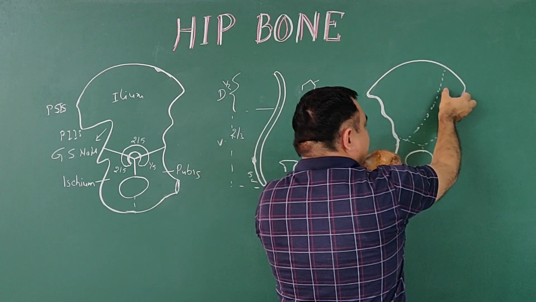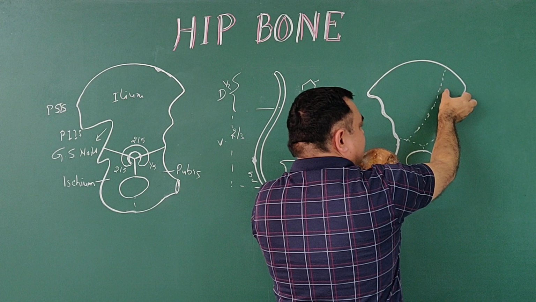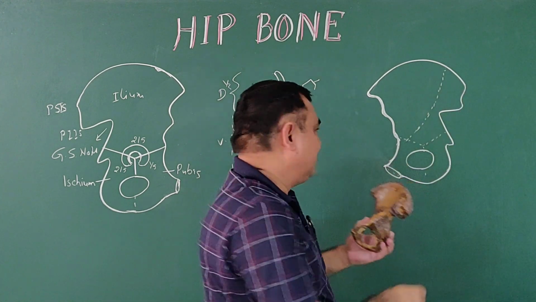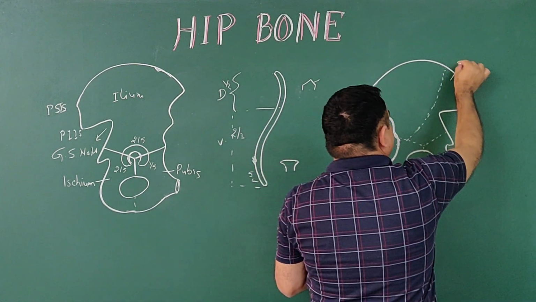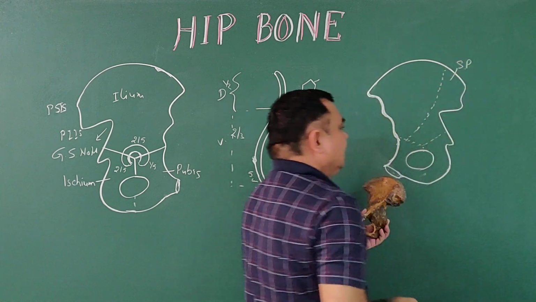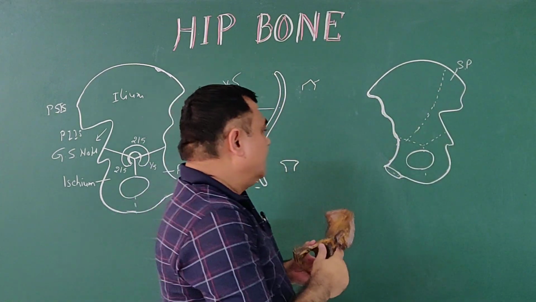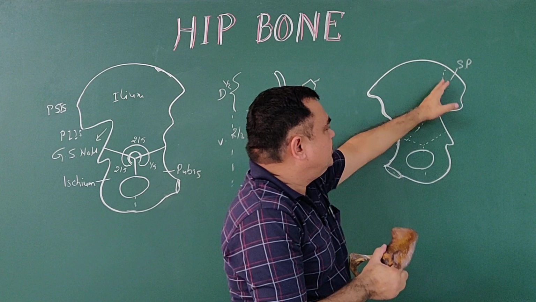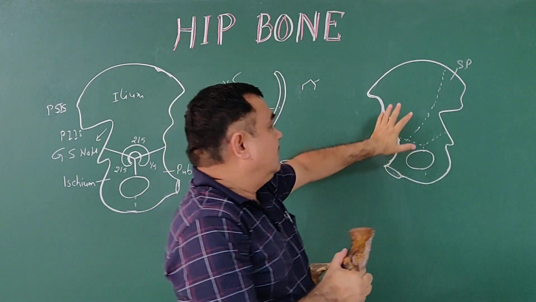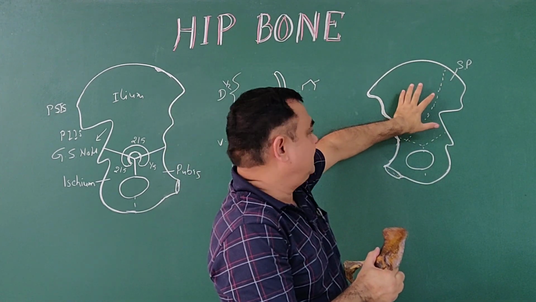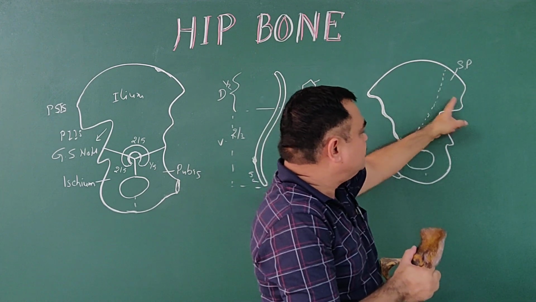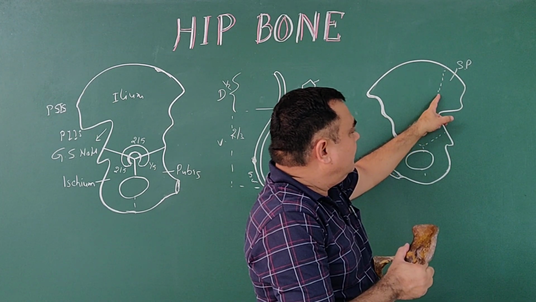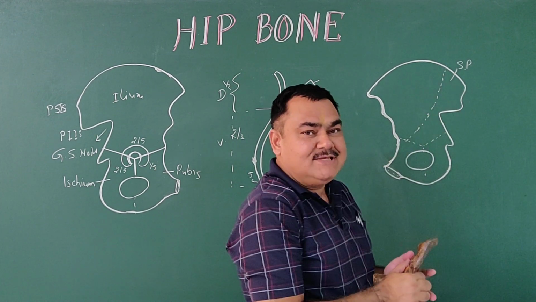By three borders, anterior, posterior, and medial, it is divided into three surfaces. This surface between the posterior and medial border is the sacropelvic surface.